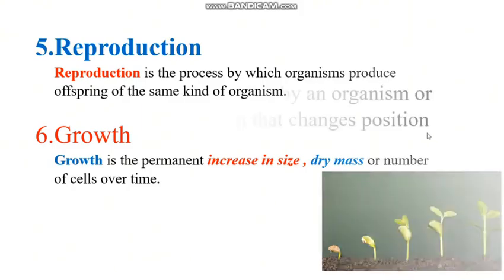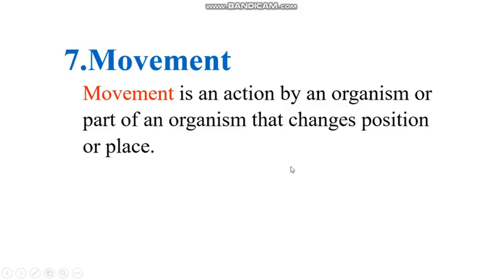We now move on to another characteristic of living organisms, which is movement. Movement can be defined as an action by an organism or part of an organism that changes position or place. Or we can say movement is the ability of an organism to change its position.